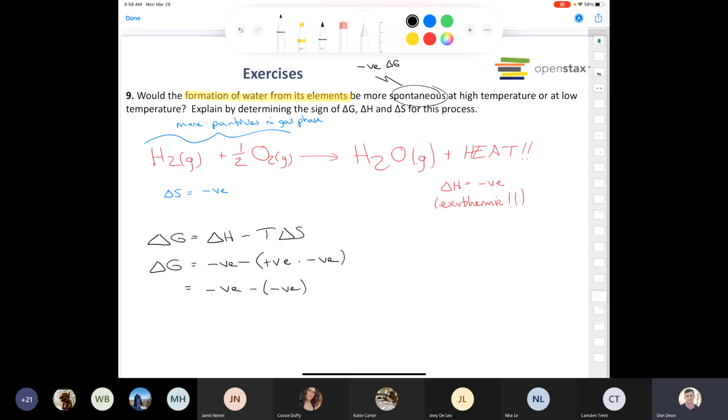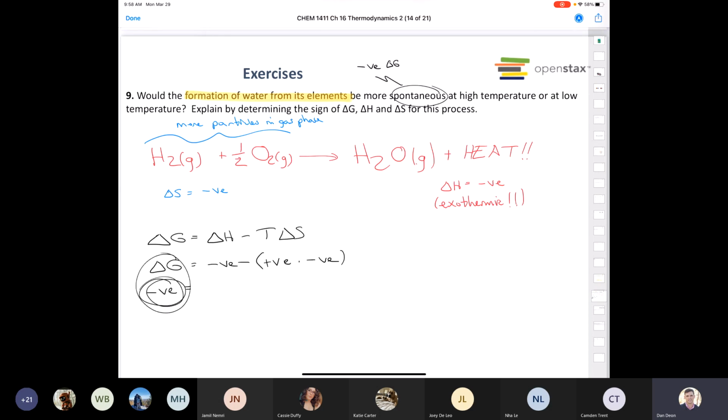This is what we covered last class. Would it be more spontaneous? Would the delta G be low temperature? Exactly. It's at a low temperature, right? If you don't follow me, look. Think about it. If you want this number to be negative, that's the holy grail. The more negative this number, the more spontaneous it is.